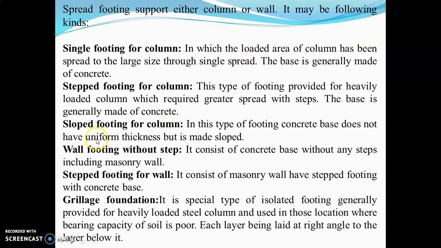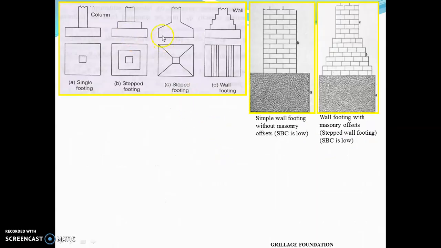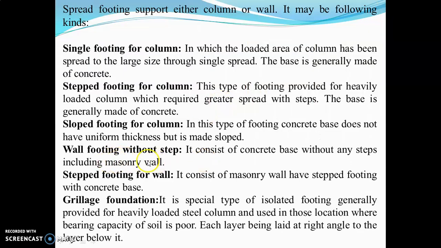Next one is sloped footing. Here the concrete base is made slope. The concrete base does not have uniform thickness but is made slope. You can see here, this is made slope in this case. So this is a sloped footing. Next, this is wall footing, that is this one without steps.